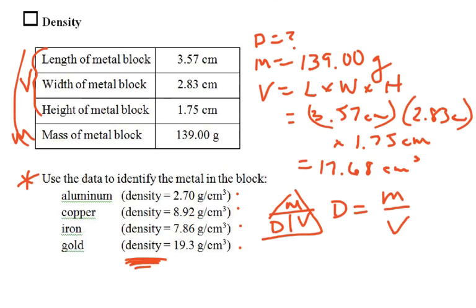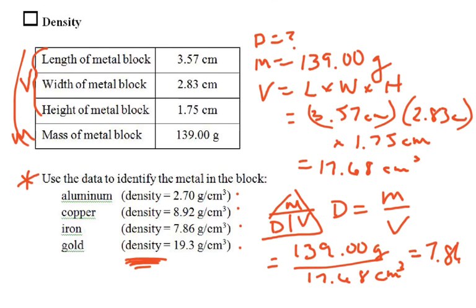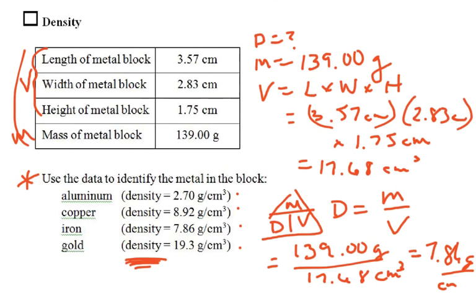And I'm going to substitute in mass, 139 grams, divided by 17.68 cubic centimeters, and I get 7.86 grams per cubic centimeter. And I look back at my list, and 7.86 goes with iron.